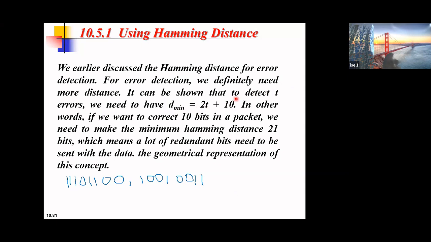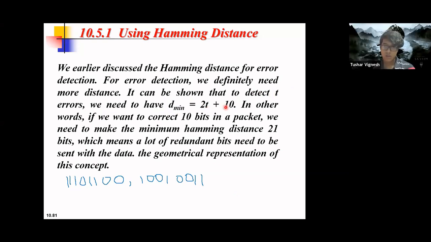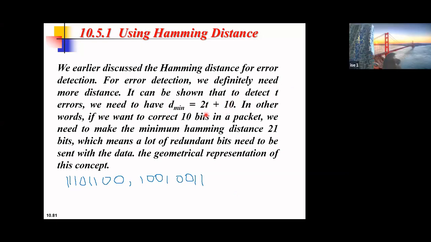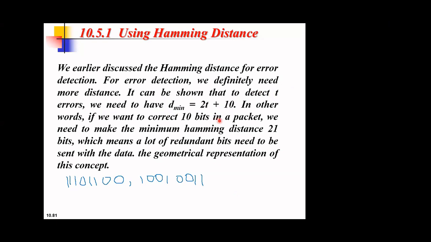So I want to detect 8 errors. 2 into 8 is 16, plus 10, 26. We should have Hamming distance of 26. Have you understood? Yes, sir. Okay.